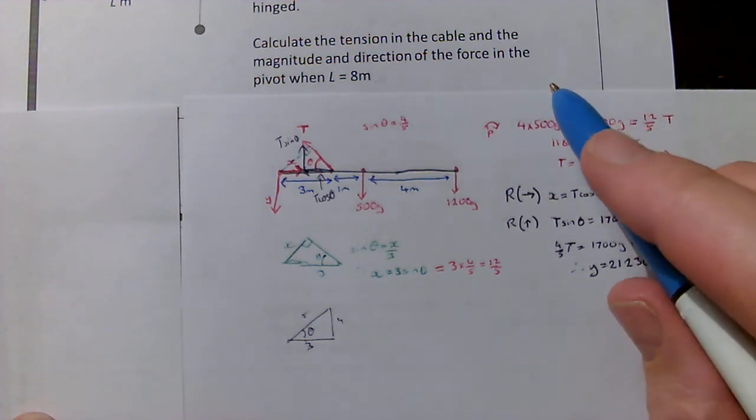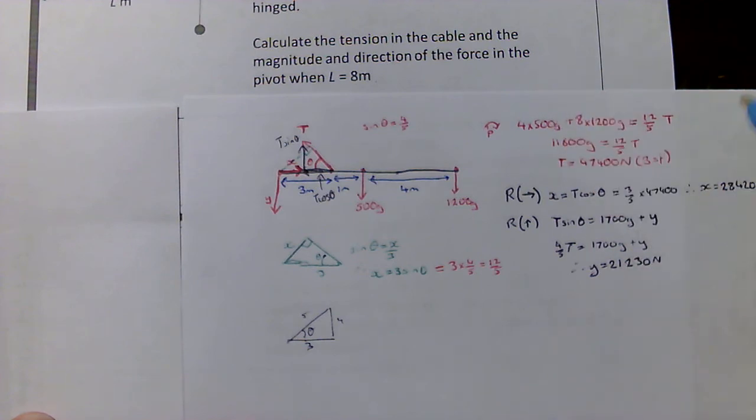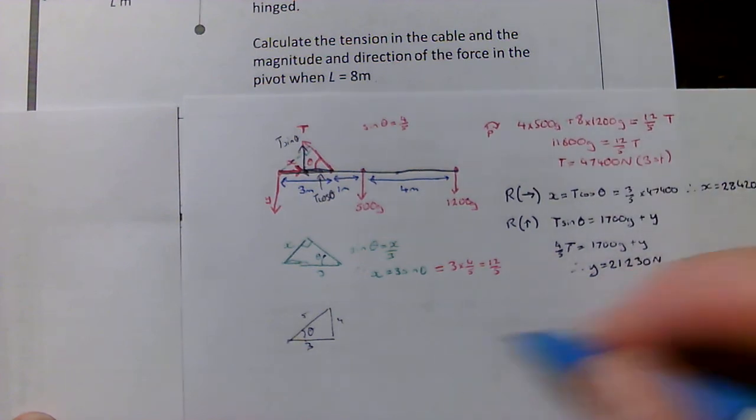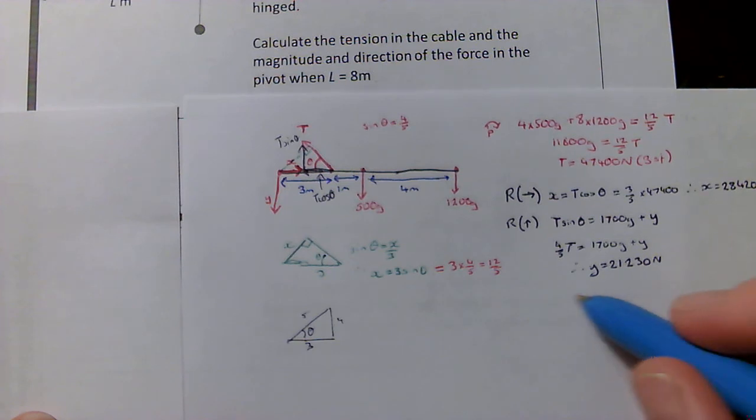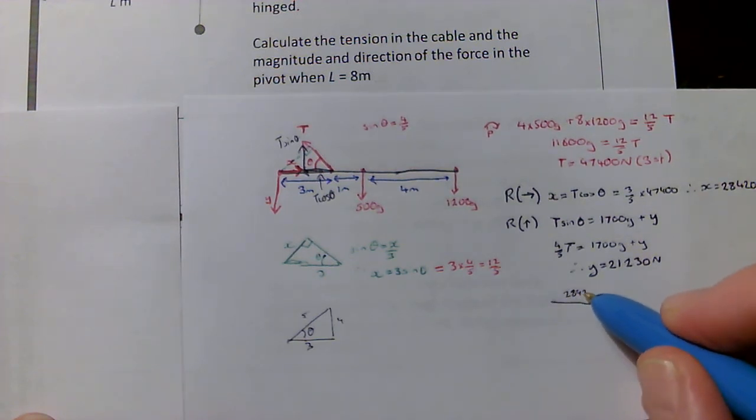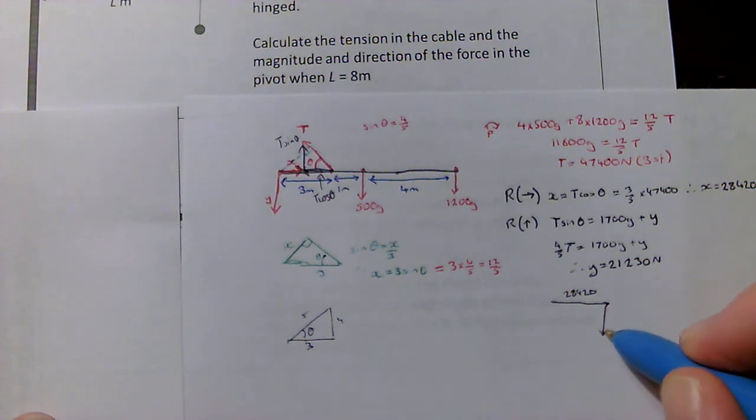It wants the magnitude and direction of the force in the pivot, so we know that here I've got a 28,420 force and a 21,230 force.